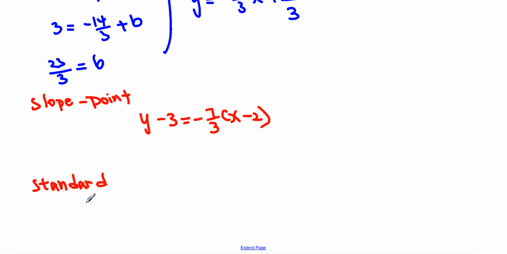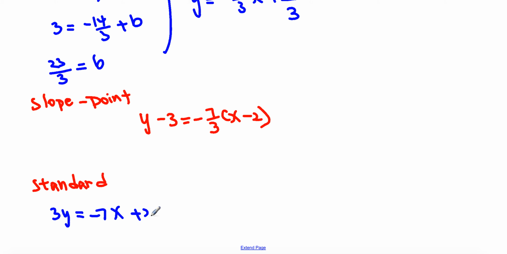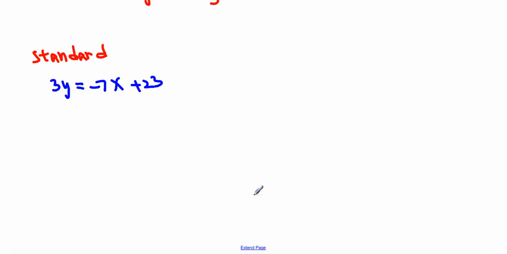So we get 3y equals negative 7x plus 23. Then I can add 7x to both sides. So we get 7x plus 3y is equal to 23. So this is how I can convert that into standard form.